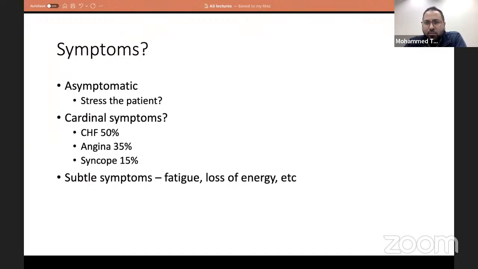Okay. Back to when Ziad mentioned the symptoms, mainly symptoms of heart failure, angina, or syncope. Nora, why do you think patients with aortic stenosis might have angina? It's not coronary artery disease. Could it be obstructing the blood supply to the coronaries by having just a stenosed valve?